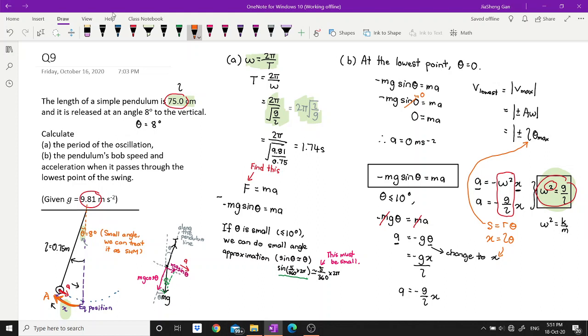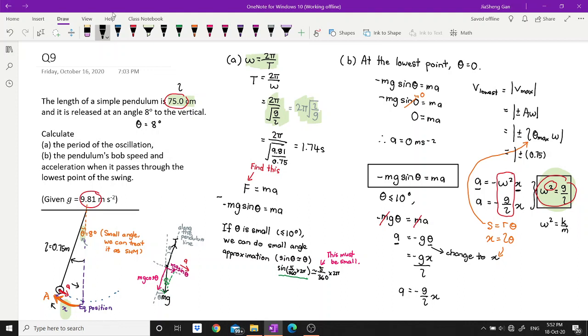Now the amplitude is equal to L times theta when it's maximum, and you times it with omega. Now it's just substitution, plus minus. The length is 0.75.